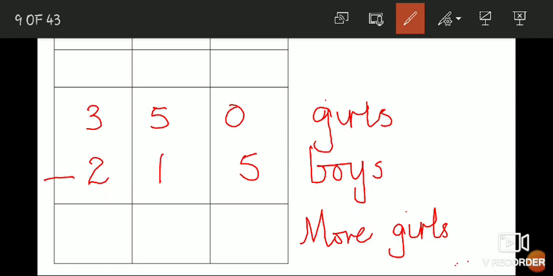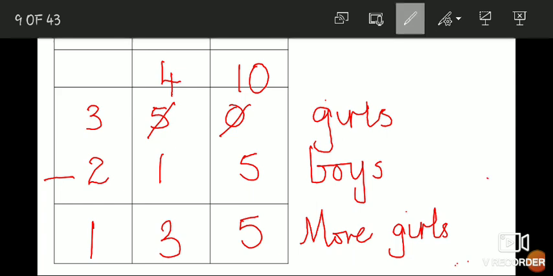Okay, so let's find out. You have to minus. From 0, you cannot take away 5. So you go to the next number, take 1 from here. This will become 4 and this will become 10. 10 minus 5 is 5. 4 minus 1 is 3 and 3 minus 2 is 1. So, answer is simple. 135 girls are more.